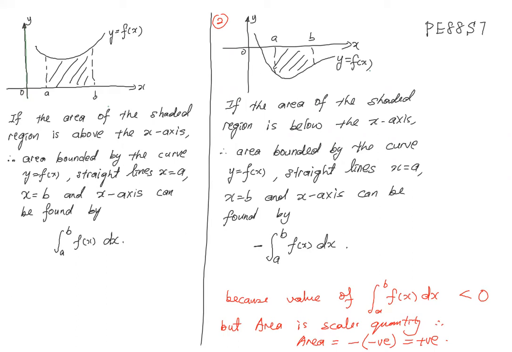Okay, so now you understand how definite integral represents the area bounded by the curve. You do an approximation, but as n tends toward infinity, the width of the rectangle tends toward what? The width of the rectangle will tend toward 0. So the sum of the area of all the rectangles will be equal to the definite integral.